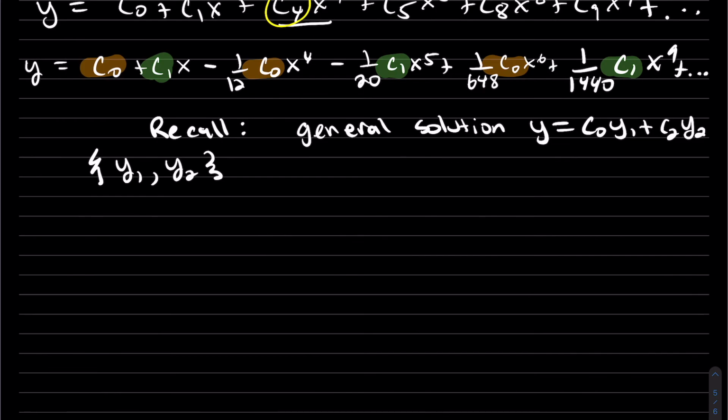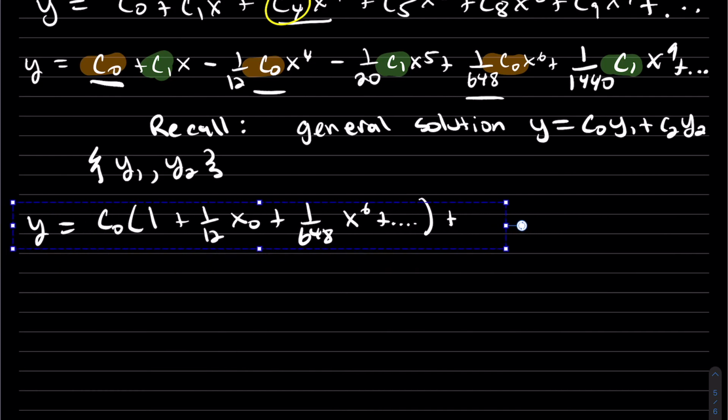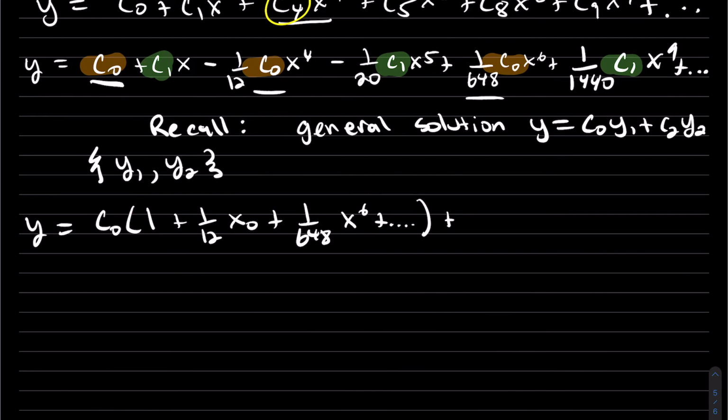So if I rearrange these, let's go ahead and do that. I've got y. I'm going to gather up all the c naughts and factor that out. So here, here, and here. And then it goes on forever. It's 1 times c naught. Factor that out. And that'll go on forever because it's a power series. And then I factor out the green one, the C1.